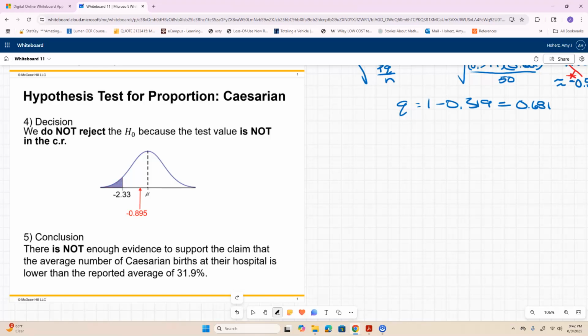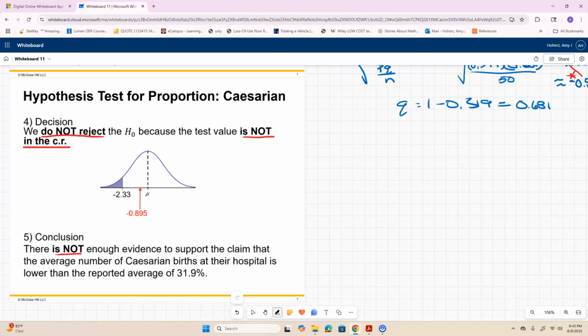So we do not reject the null hypothesis because the test value is not in the critical region. And so there is not enough evidence to support the claim that the average number of cesarean births at their hospital is lower than the national or the reported average of 31.9%.